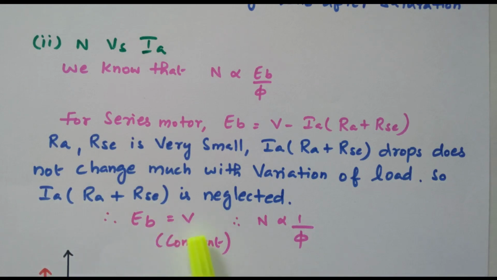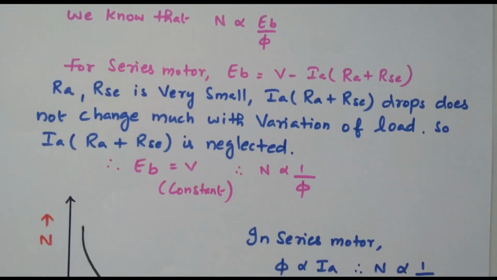So Eb is equal to only V. The back EMF is equal to only the terminal voltage. This term is neglected, so N is directly proportional to 1 by phi, because Eb is V, which is almost constant. The applied voltage is constant. Now see the relation: speed and flux are inversely proportional, right? When the flux increases, the speed will decrease, right? So that is given here.